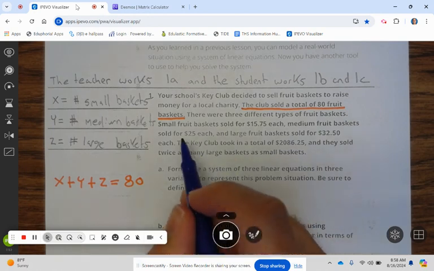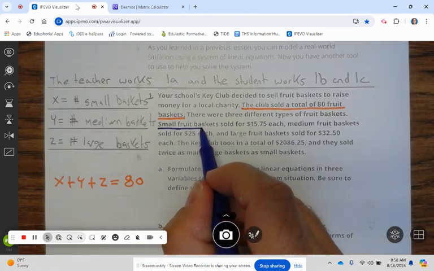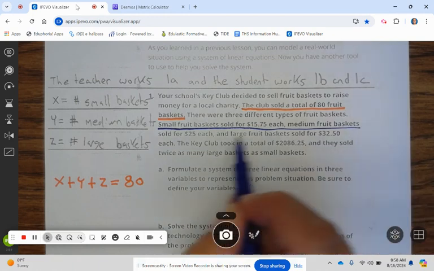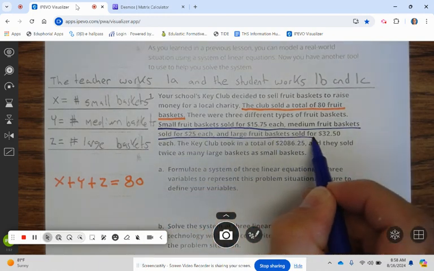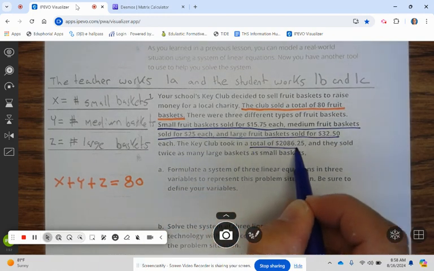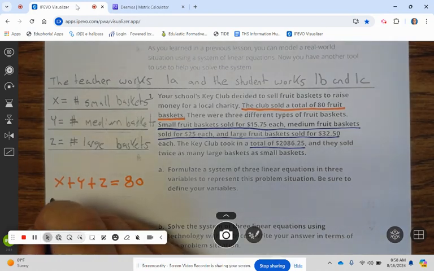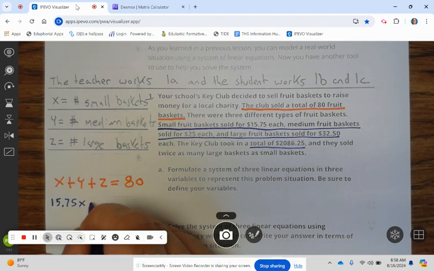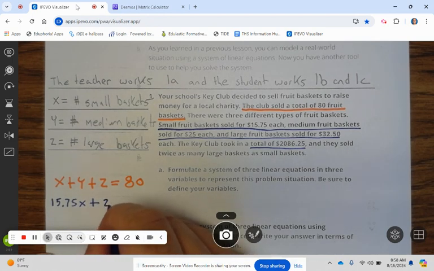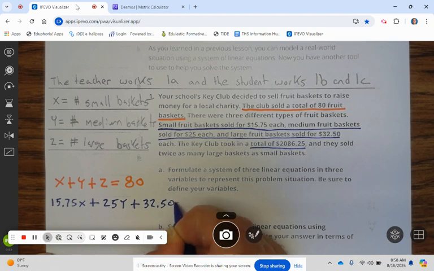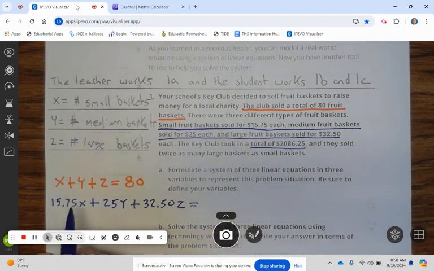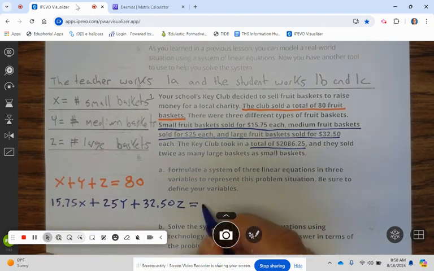So it's right here. So that's 15.75x plus 25y plus 32.50z equals money, money, money, money.